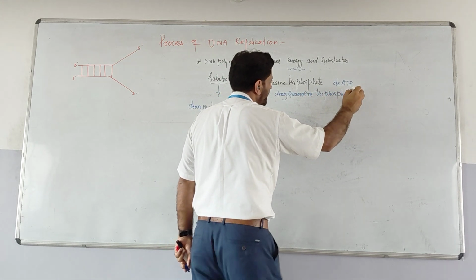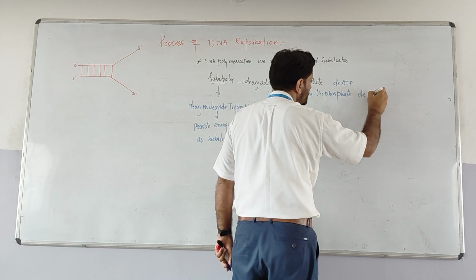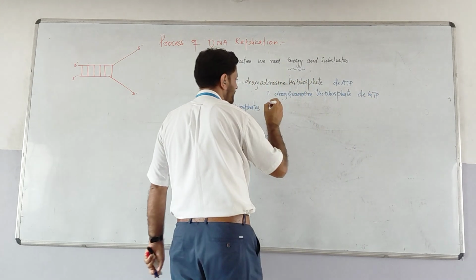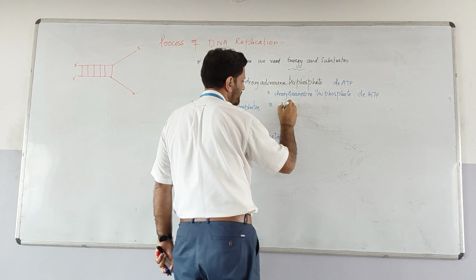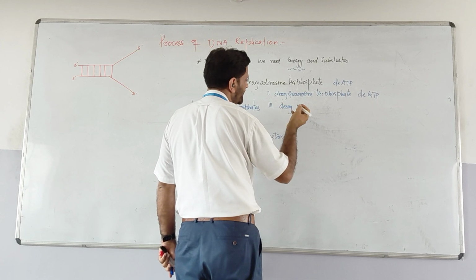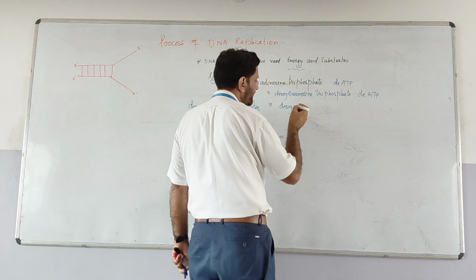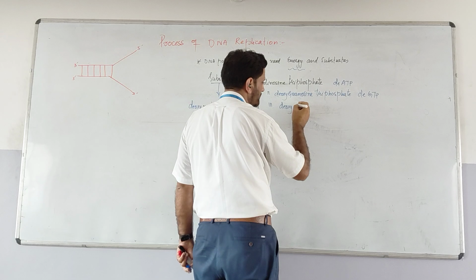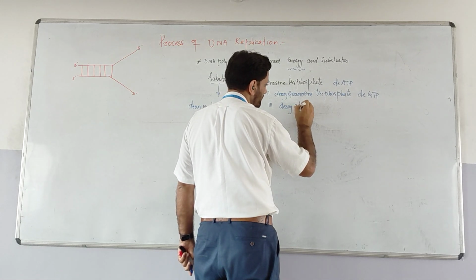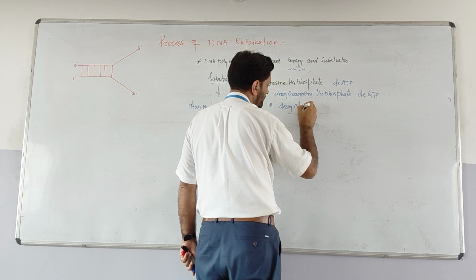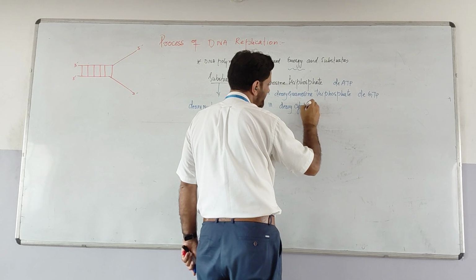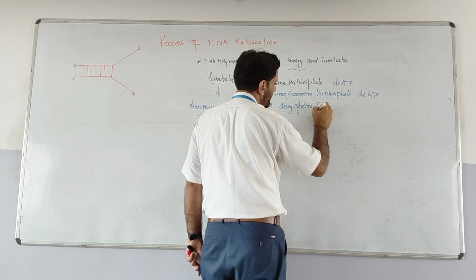It can be written as dGTP. Number third is deoxycytidine triphosphate.